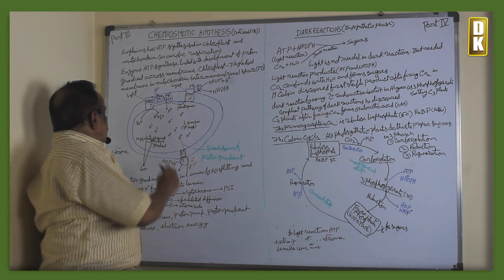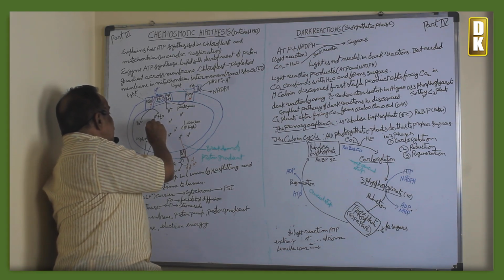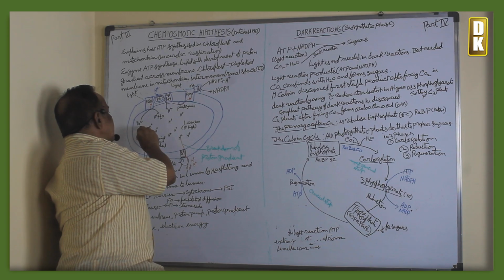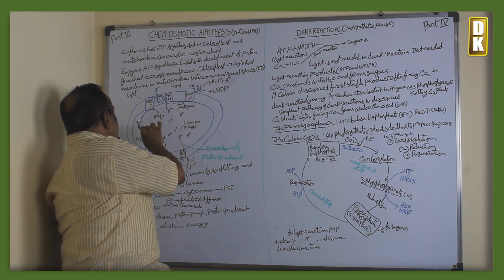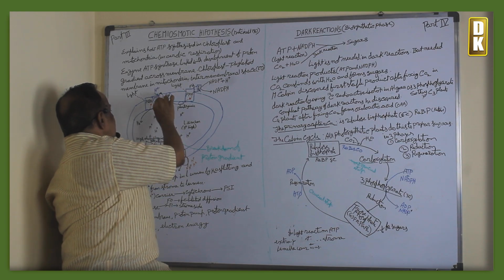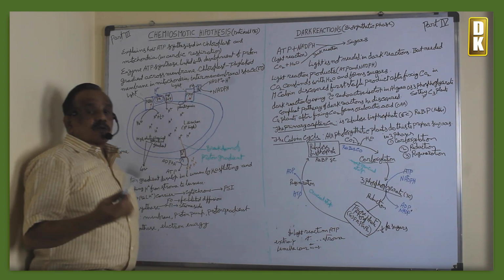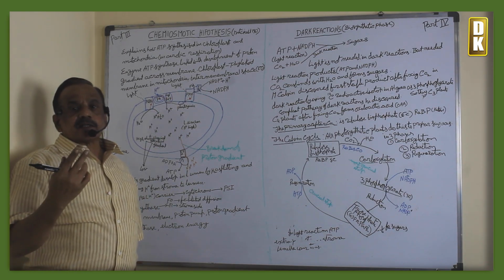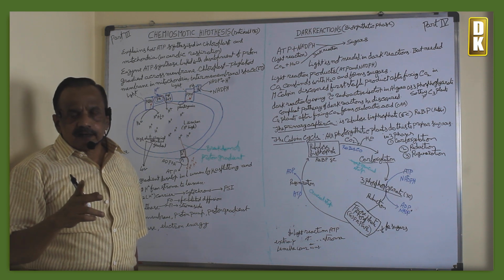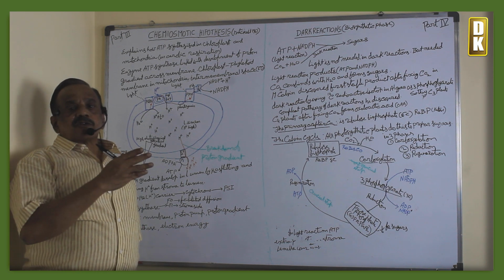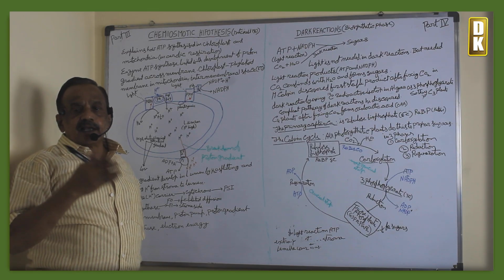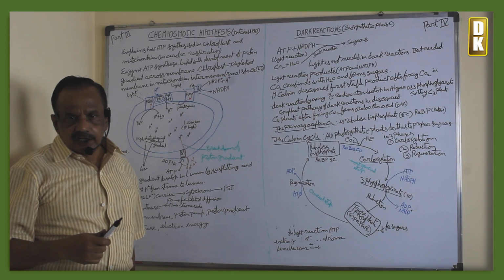Now, this proton came from the water. I am telling specifically, this is the generated proton and this is the pumped proton. In two ways, proton concentration is increasing in the lumen: generated from the water and pumped from the stroma by the electron energy.